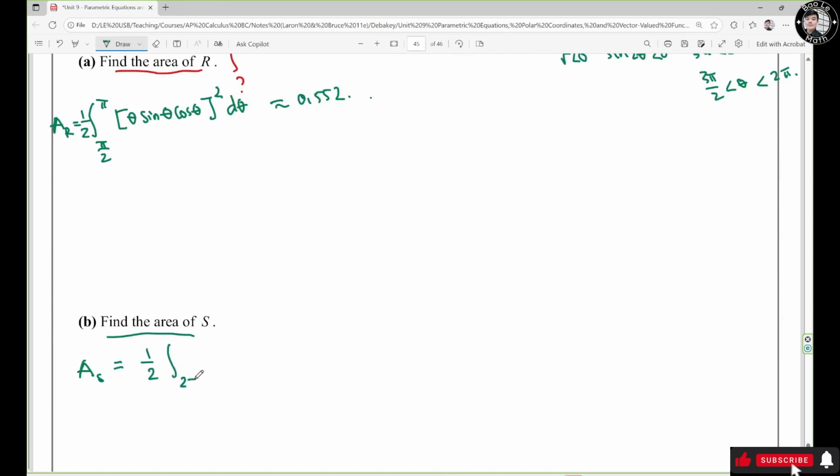The integral from 2 pi to 5 pi over 2 of theta sine theta cosine theta squared d theta, minus the smaller one, which means 1/2 the integral from 0 to pi over 2.